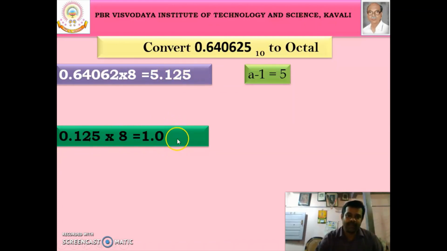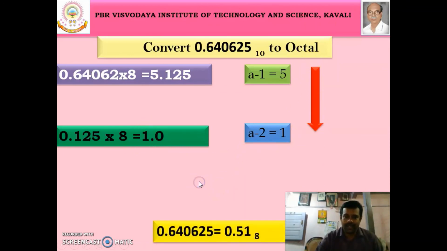So since we are getting fraction part as 0, we are stopping at this point and we are recording this carry or this whole number as 1. And we are writing in this order. And the answer of 0.640625 is equal to 0.51.